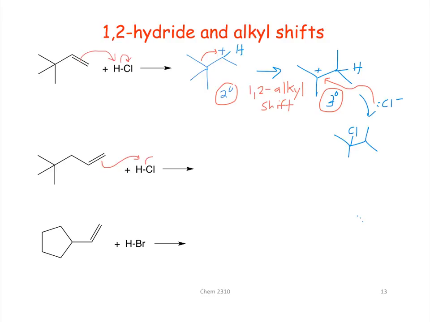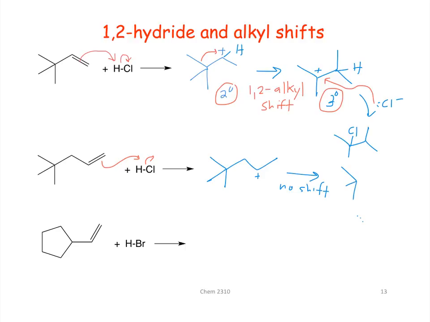Okay, we start the same. That's a plus here, right? But in this case, if we get a 1,2 hydride shift, it doesn't make it any more stable. It still goes to secondary. So this one has no shift.